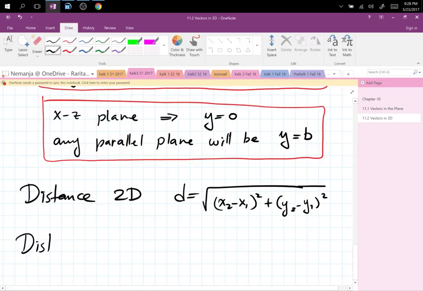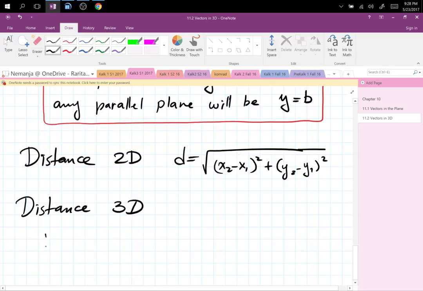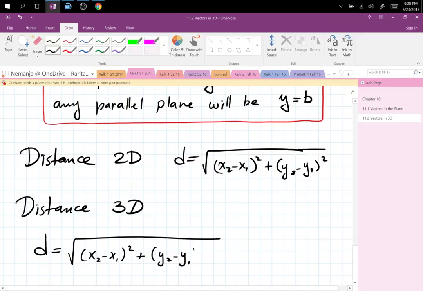Distance in 3D will introduce just z into the mix. So that will be our distance formula.